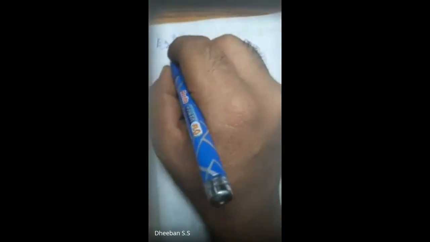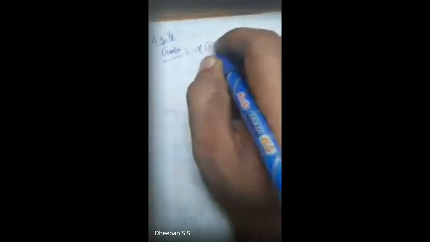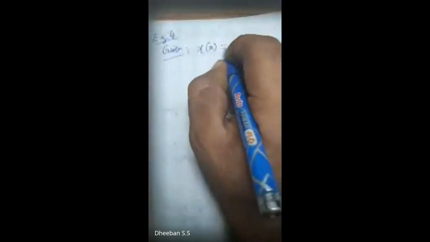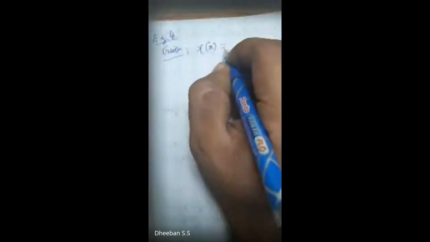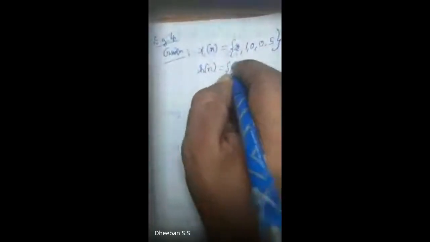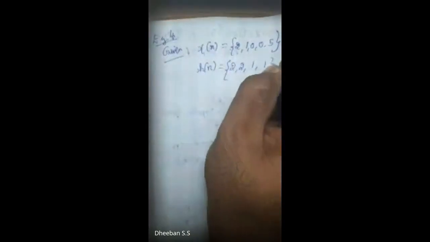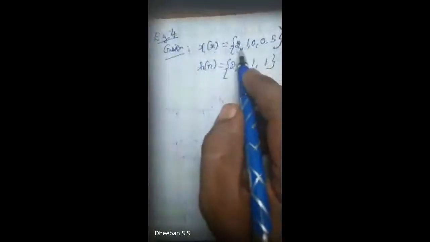Given x of n is equal to 2, 1, 0, 0.5. And h of n equal to 2, 2, 1, 1.